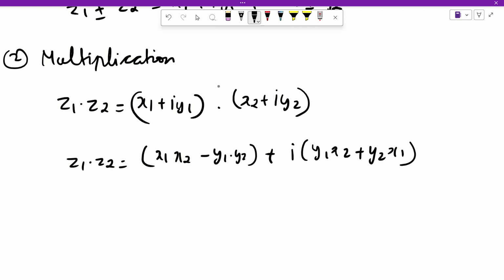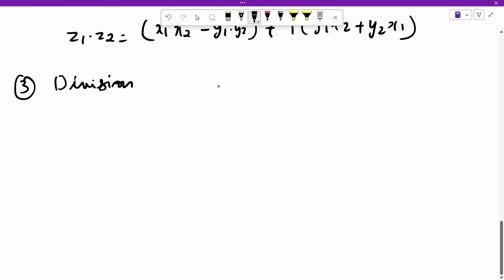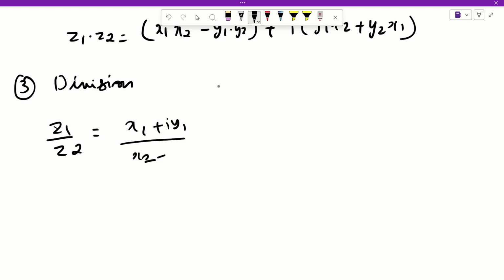I will also write the case for division. Z1 by Z2 equals x1 plus iy1 by x2 plus iy2. In order to do this, we must take the conjugate and multiply. The conjugate means taking the imaginary coefficient sign as negative, that is x2 minus iy2 by x2 minus iy2, just changing the sign of the imaginary term coefficient.